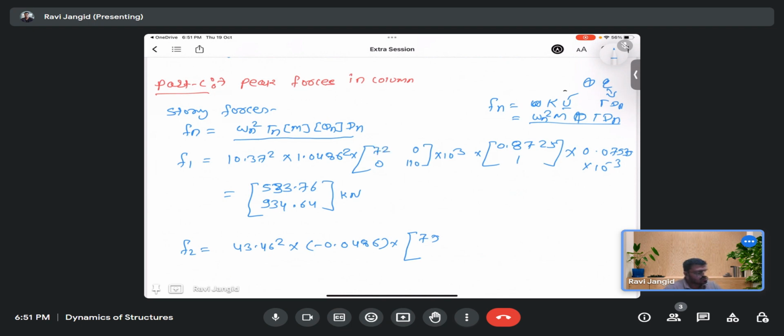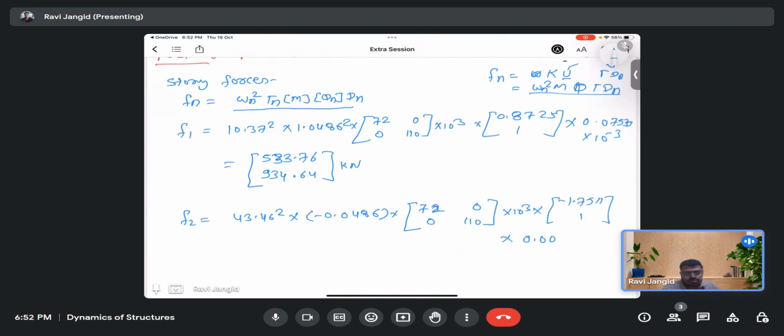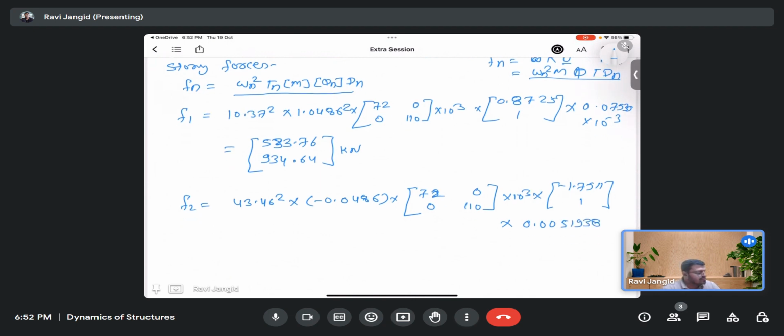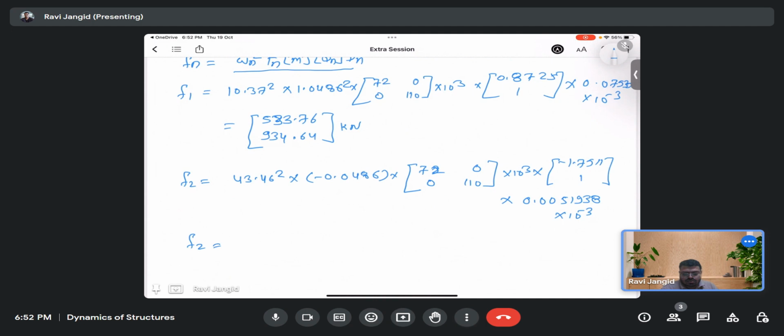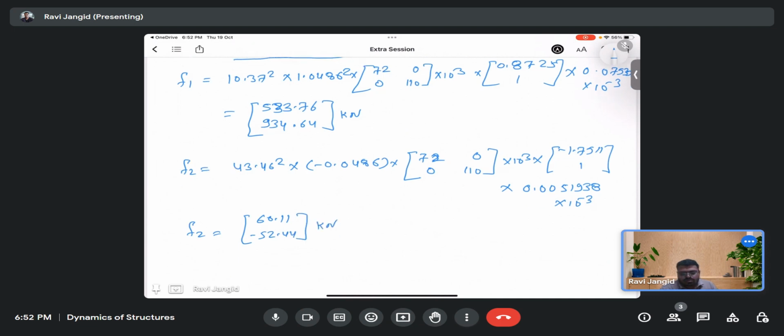So 72 into 0.1110 into 10 raised to power 3 into minus 1.7511 into 0.0051938. I am dividing it by 10 raised to power minus 3 to convert it into kilonewton. So it would be 60.11, 52.44 kilonewton. So these are the forces.